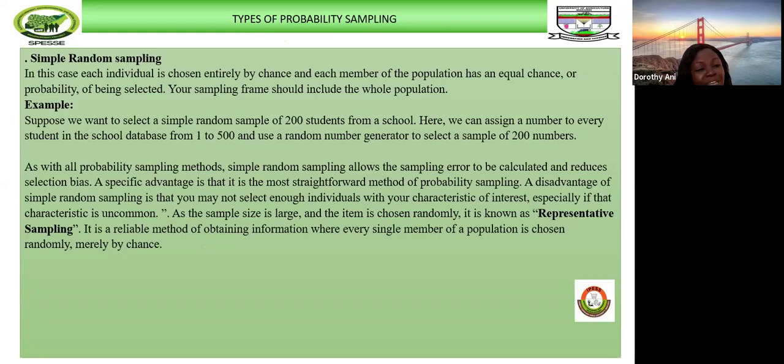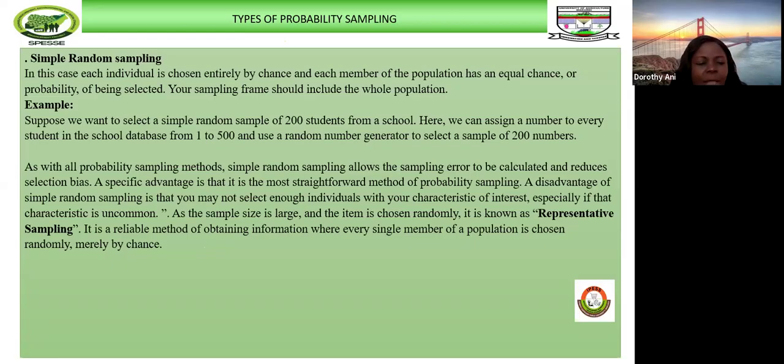I hope somebody's getting me. Because very soon you will be on your own for your project, and you'll be saying, I randomly selected 5 people from each zone. Sampling, that is the name, nothing else. So in this case, each individual is chosen entirely by chance, and each member of the population has an equal chance.